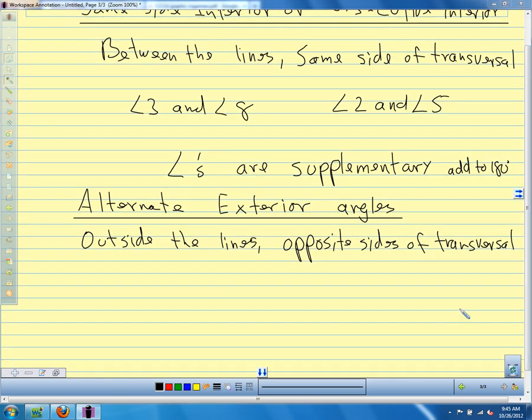On our graphic organizer, the alternate exterior are angles 1 and 7, and angle 4 and angle 6. So those are alternate exterior angles.